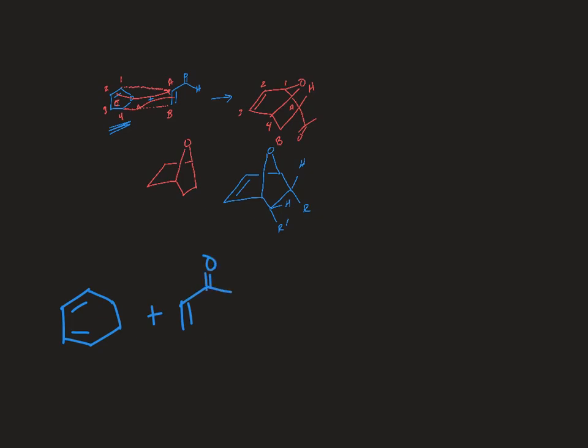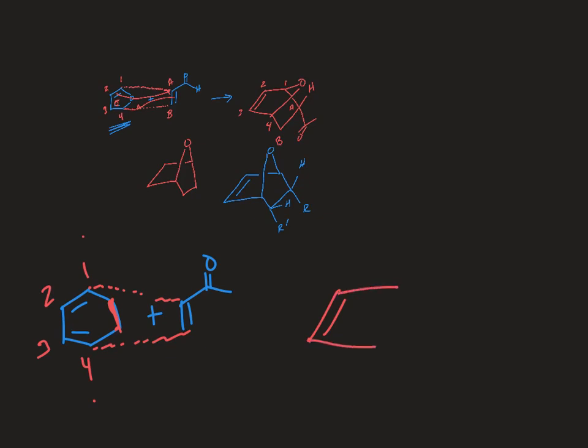So here my new bond is again from the ends of the diene to the dienophile. But now between my carbons 1 and 4, I actually have 2 carbons. So again, I'm going to draw my 2, 3 new double bonds. There's 1, there's 4.